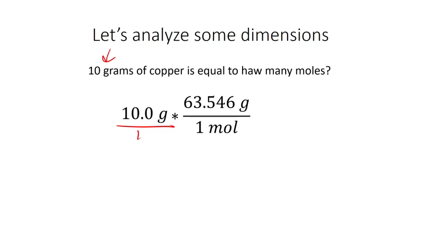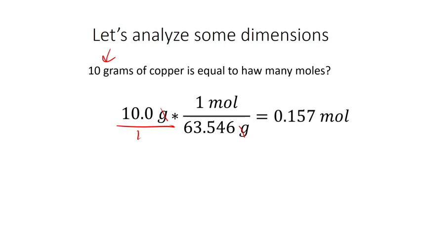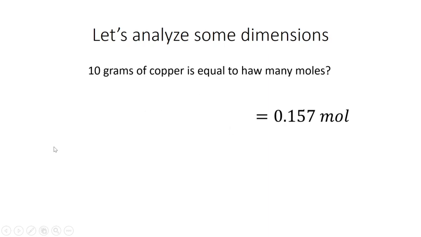However, that's not useful. So I'm sure you all know we just flip it so that the grams cancel out, right? We're going to do 10 divided by 63.546 to get an answer of 0.157 moles. Hopefully you are all remembering how this works and that this is not anything new to you.